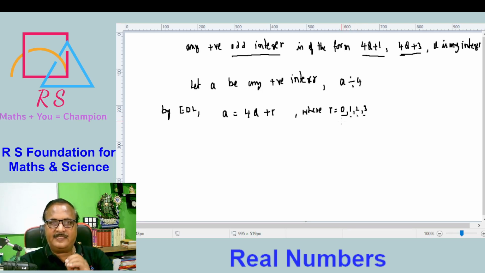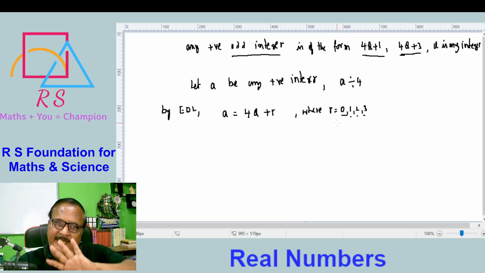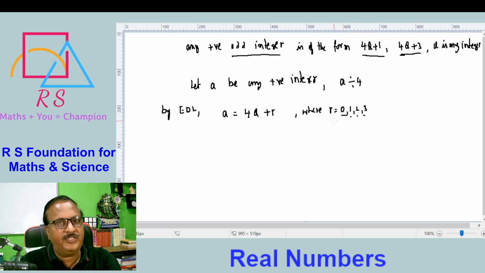The remainder can be any one of these 4 values, because if it is 4, it is the divisor, so it cannot be 4, and it cannot be less than 0. So now let us take r is equal to 0, because in 4q plus 1 and 4q plus 3, 1 and 3 are the remainders.